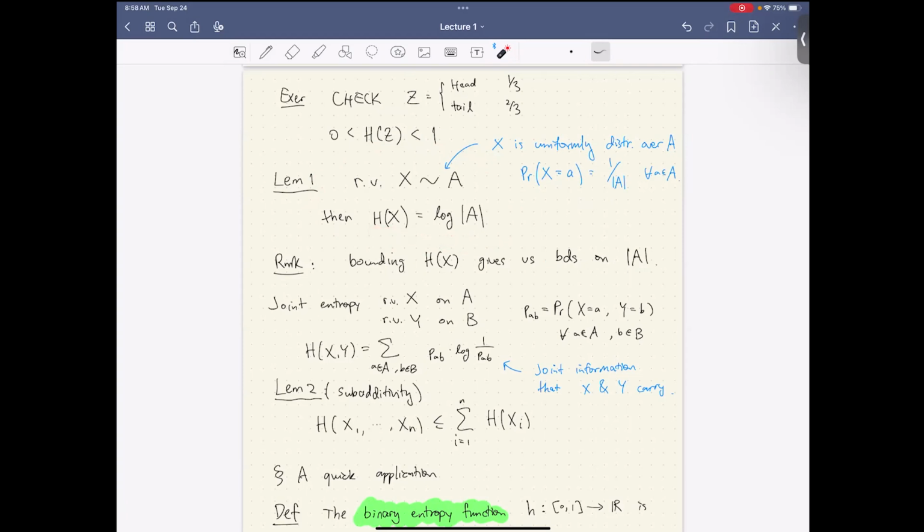So if we want an upper bound on the size of this set, we can uniformly sample an element from this set and get an upper bound on the entropy. Second, we know sub-additivity: the joint information of a collection of random variables is at most the sum of the information of each individual random variable.